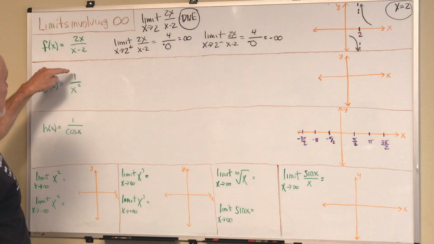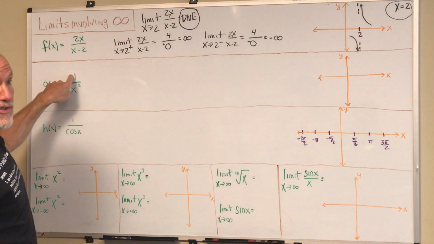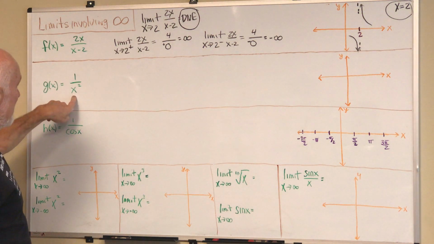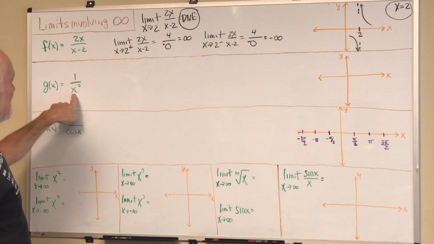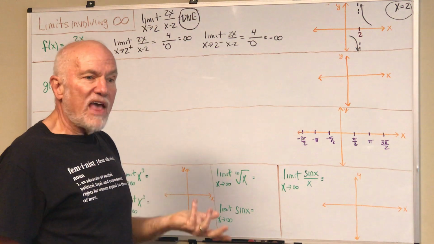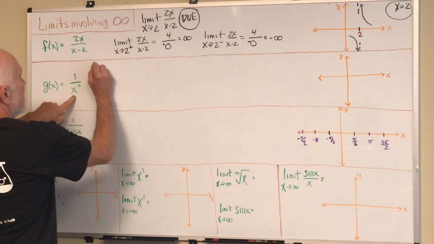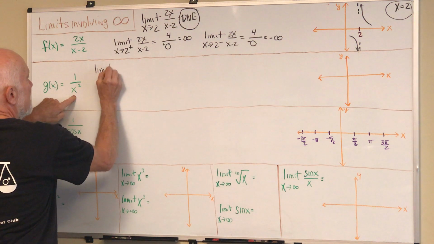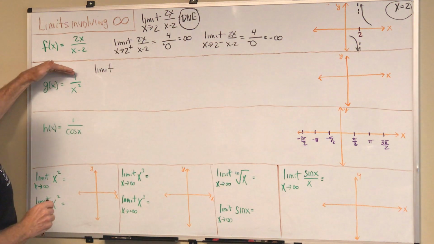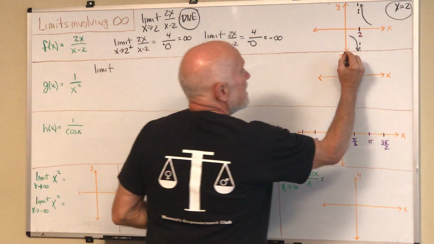Okay, let's look at another example. Again, we have a constant, which you could even consider a simple polynomial, divided by a polynomial. This is going to be continuous everywhere except at 0. So what's happening at x equals 0? Well, if we take the limit, since we have a number divided by something small, we know we have an asymptote.